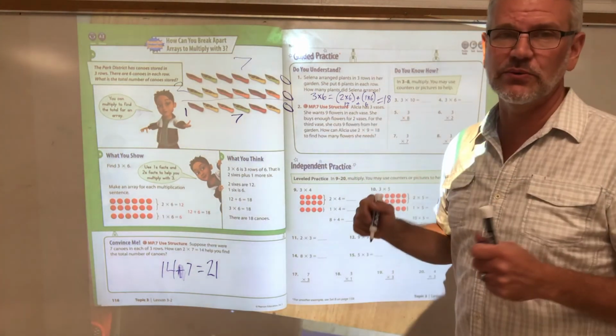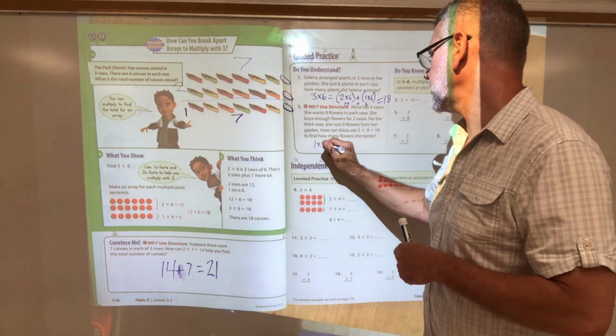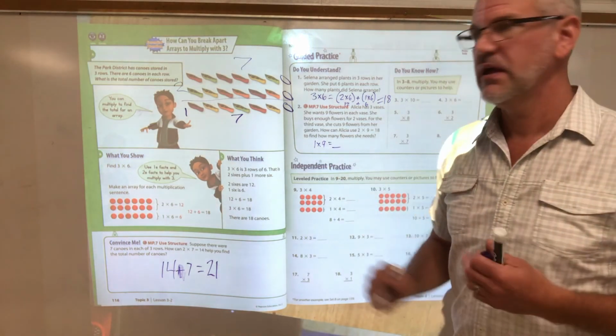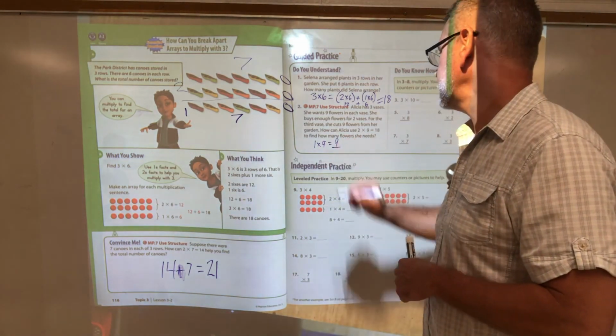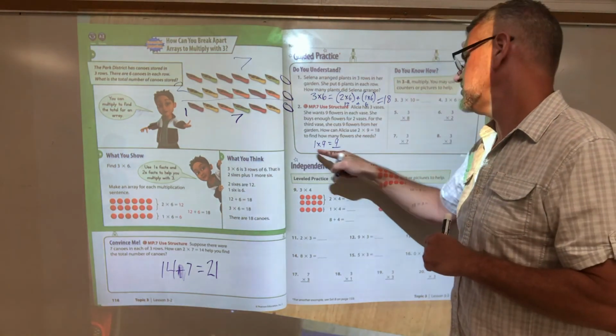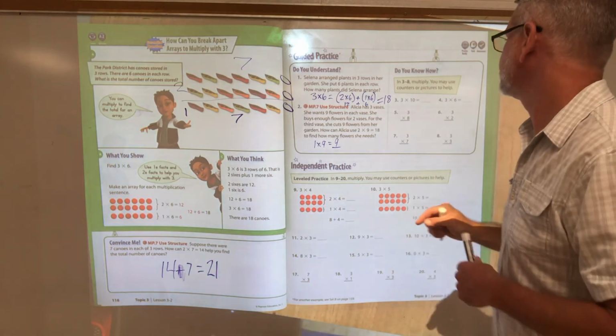She already has 2. So all she has to do is figure out what is one more vase with 9 in it. How much is that going to be? And of course, anything times 1 is itself, so 1 times 9 is 9. So if she knows how much she has in the 2 vases, she's only got to figure out how much for one more vase.